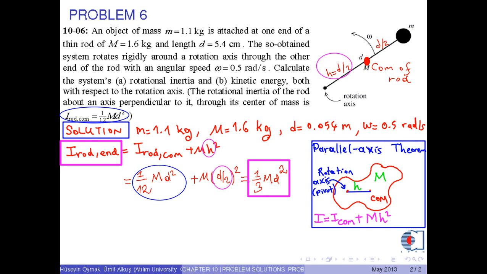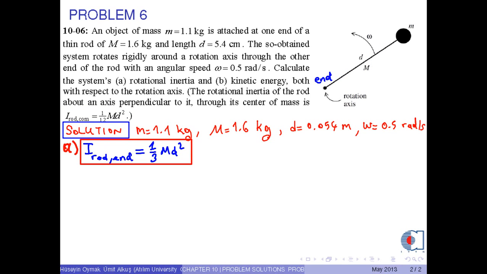Thus, the system's rotational inertia is just the sum of the rotational inertia of the rod with respect to the rotation axis and the rotational inertia of the small m with respect to the rotation axis, that is m times d squared.